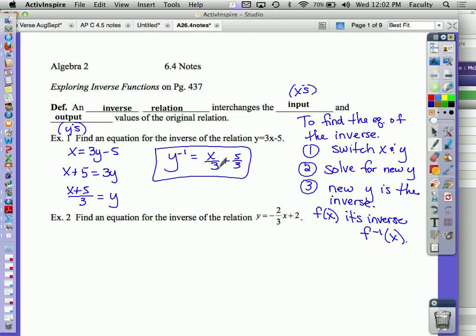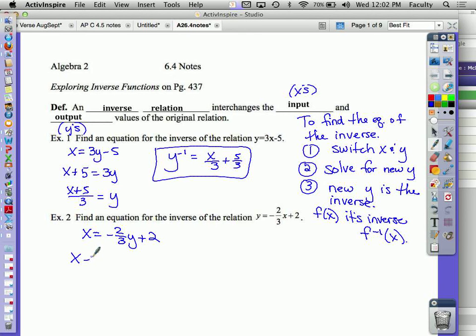All right, example 2. Find an equation for the inverse of the relation y equals negative 2/3 x plus 2. Step 1, switch x and y. So this becomes x equals negative 2/3 y plus 2.